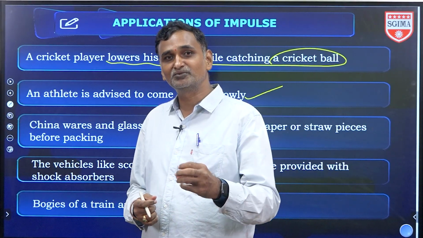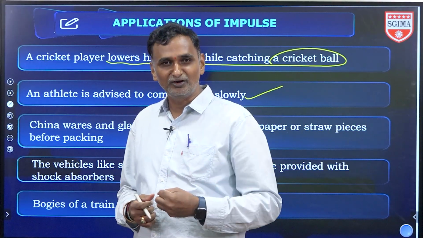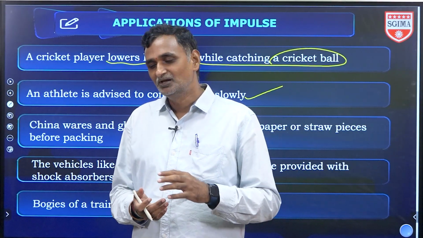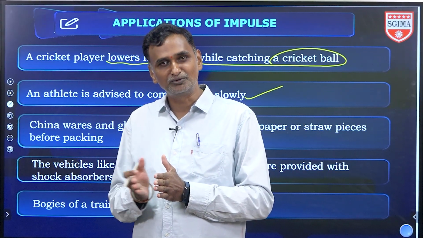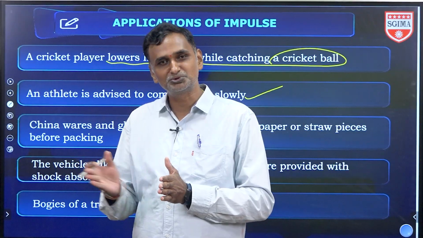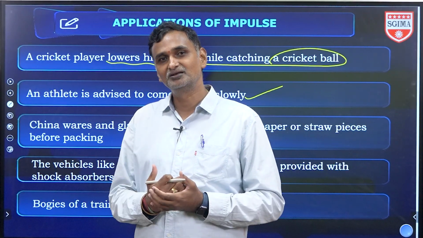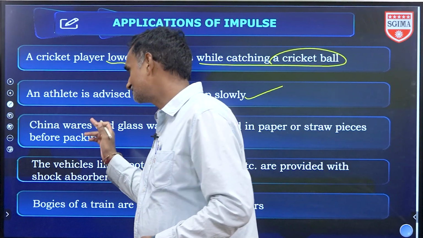Because the change in momentum needs to be allowed to take place, which means more time of contact should be given, then the hurting is very less. So when he reaches the target, he is asked to slow down slowly. If he gets stopped immediately in a very small fraction of time, then the impact force will be more. So that is the reason here.